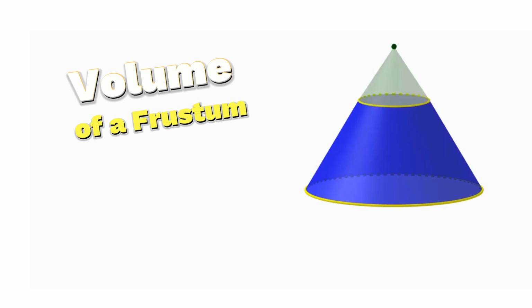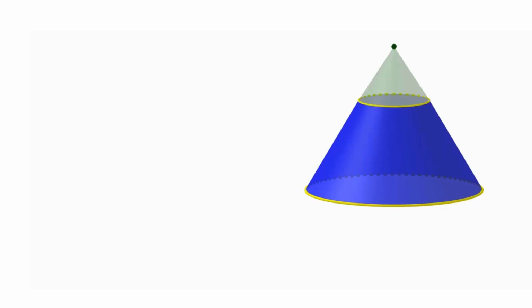We have this cone complete, but we are looking at the volume of the frustum. What we need to do is to bring out the height of this big cone. We're going to look at the radius, and we are going to look at the height also of the frustum. And then we will find the volume.